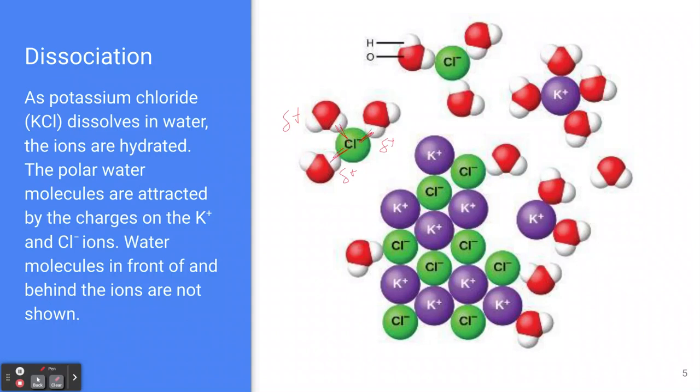And the potassium has our partial negative oxygens closest to the positive potassium ions. So you can see the negative oxygen parts of the water attracting to the positive ion, and the partial positive hydrogen of the water molecule attracting to the negative ions.